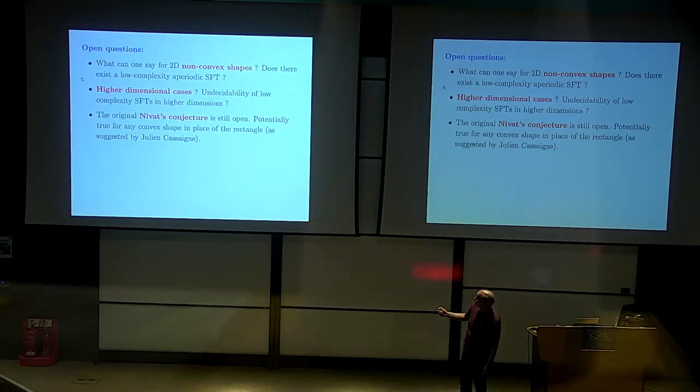And in higher dimensional cases, the undecidability of the domino problem for low complexity SFTs in higher dimensions. And here I think, again, Rachel and Terence have something to say. There are maybe undecidability results here, as I understand. And then, of course, Nivat's conjecture itself.